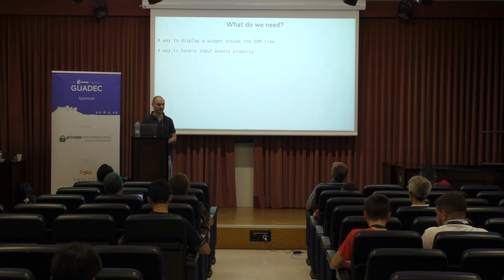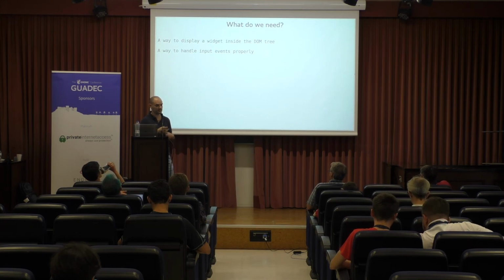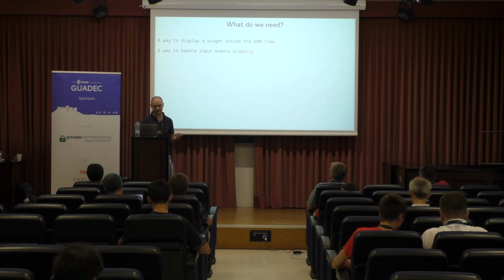So to embed a widget, what do we need? We basically need two main things. One is a way to display the widget inside the DOM tree. That's basically two things: a way to get the image inside the DOM tree, and a way for the DOM tree to adapt to the actual widget, so that text will wrap around it and things like that, that you would expect from a regular HTML element.